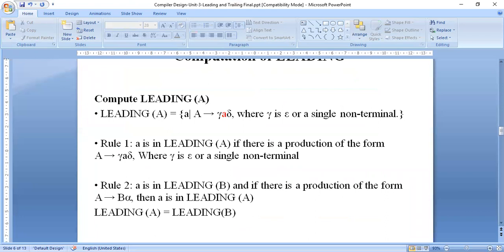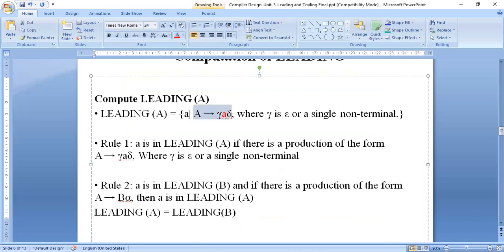So the thing is, how to compute leading of A. Here we have a given production rule: A tends to gamma A delta, where gamma is an epsilon or a single terminal value.